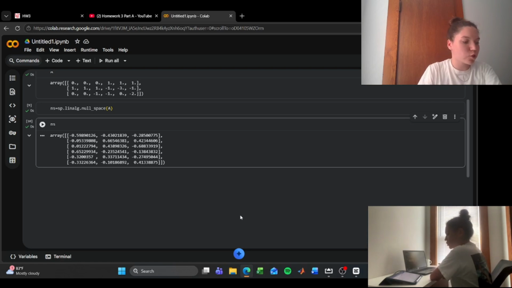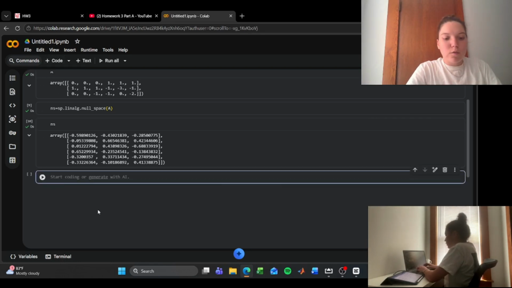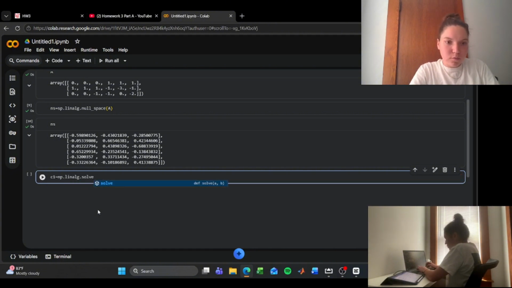So if you remember from earlier, we were multiplying the matrix by some coefficients, the C1, C2, and C3 values, to get the dimensionless numbers. So that's what we're going to try to solve for now. Okay, so to solve for C1, I'm going to say that's equal to numpy. We're going to use linear algebra again to solve.